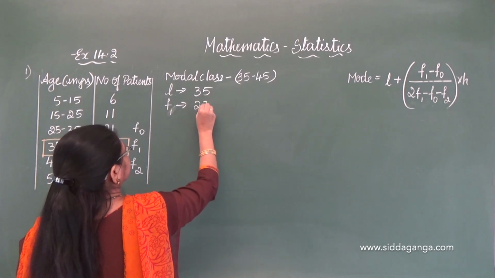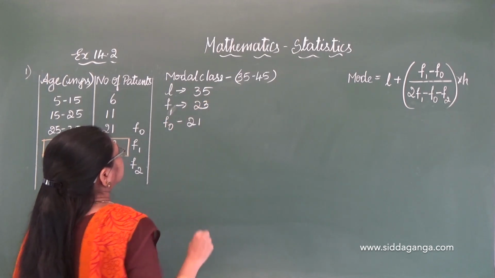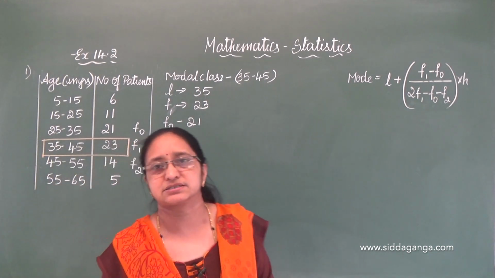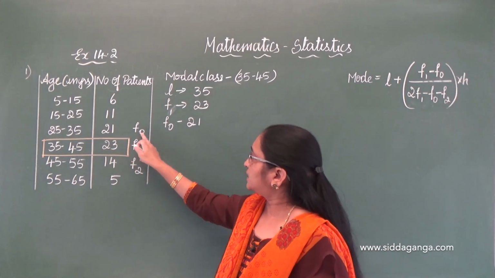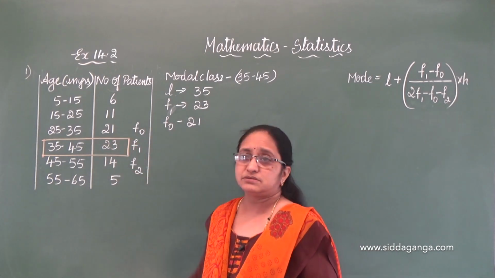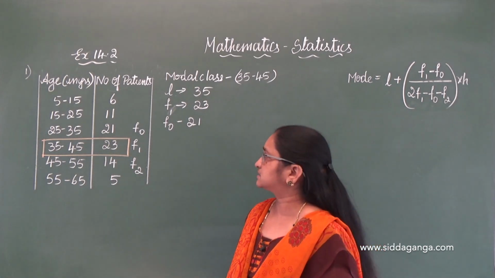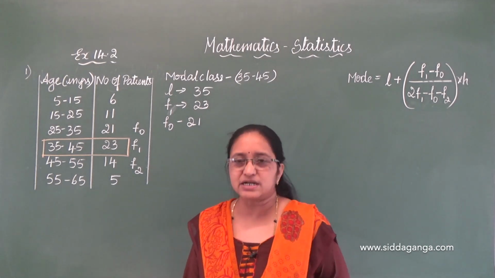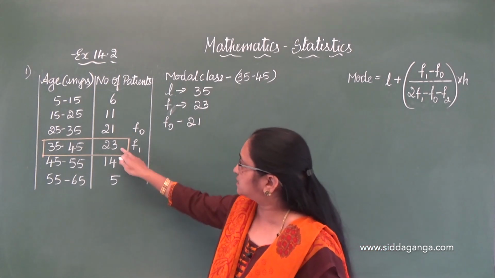Here you can write F1 is 23, F0 is 21. F1 is the frequency of the modal class, 23, and F0 is the frequency of the class preceding the modal class.